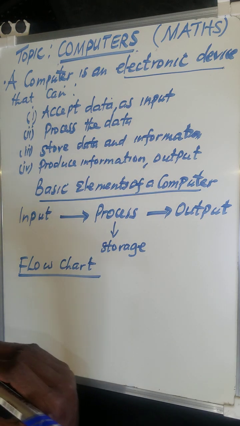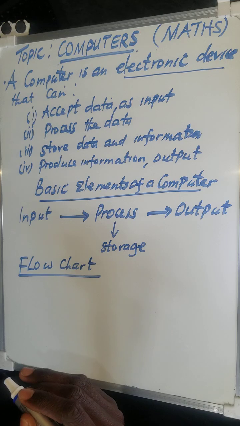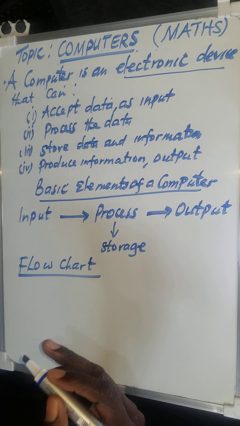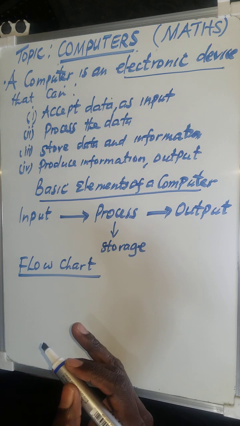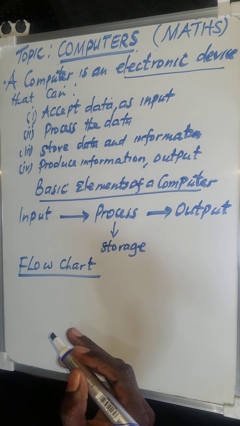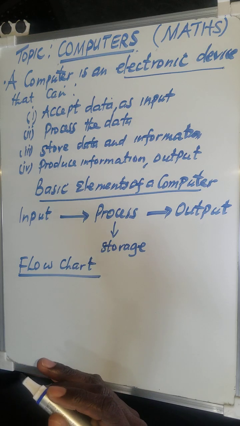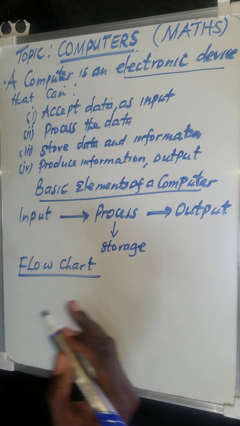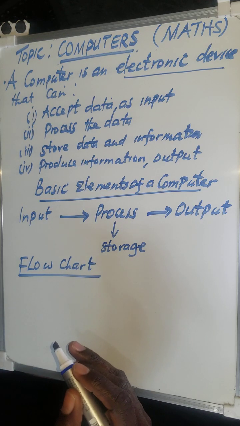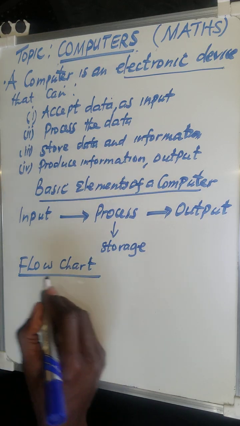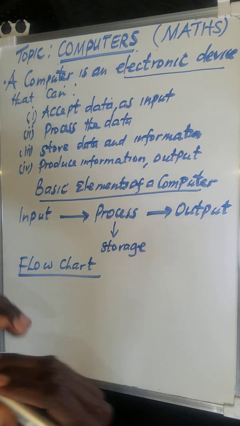So a set of steps that need to be followed in order to solve a problem is referred to as a flow chart. Therefore, whatever steps are needed to solve a particular problem, we need to have a flow chart.